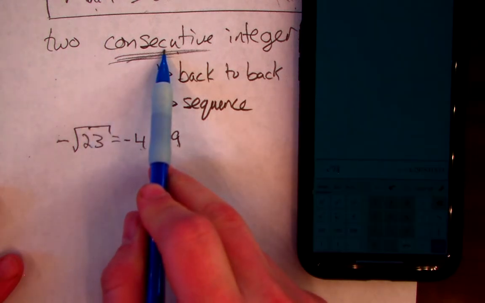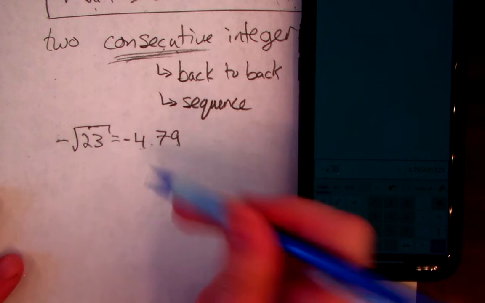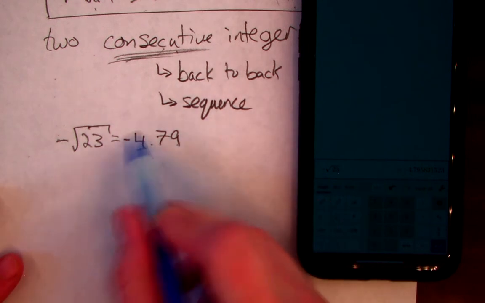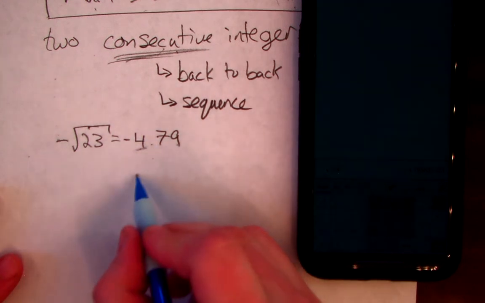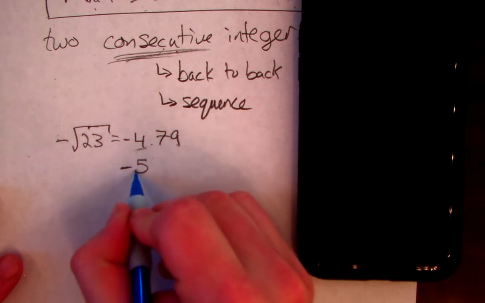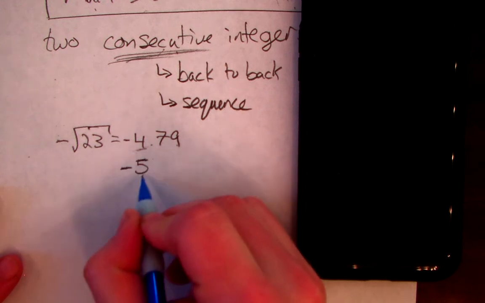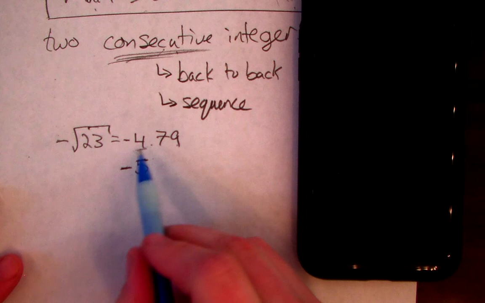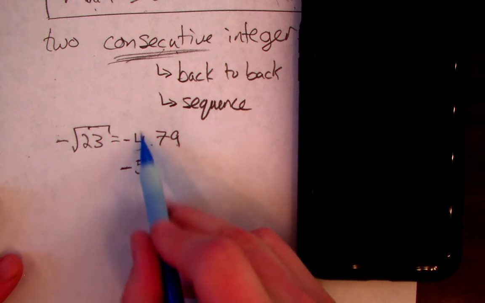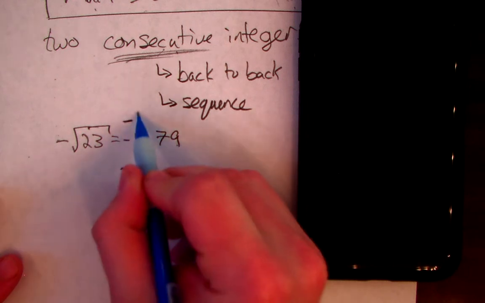Well, if I'm thinking on a thermometer, I'm thinking, okay, what would be the next whole number, or the next integer that would go down? So I would think, okay, negative 5 is going to be my one. And then if I keep going up, and maybe it gets a little bit warmer, I'd be at negative 4.